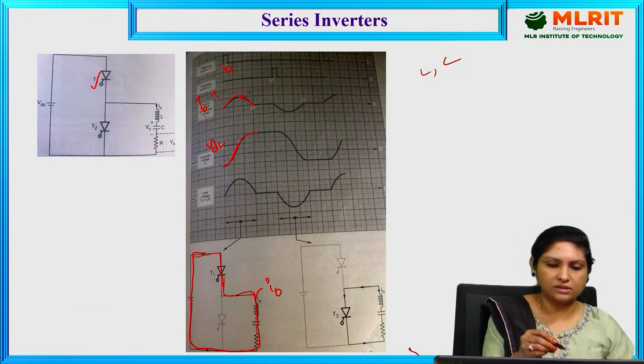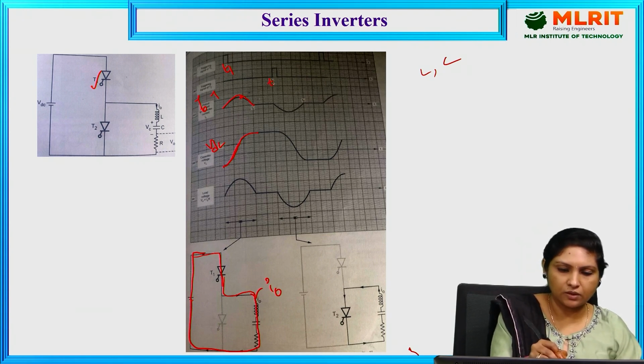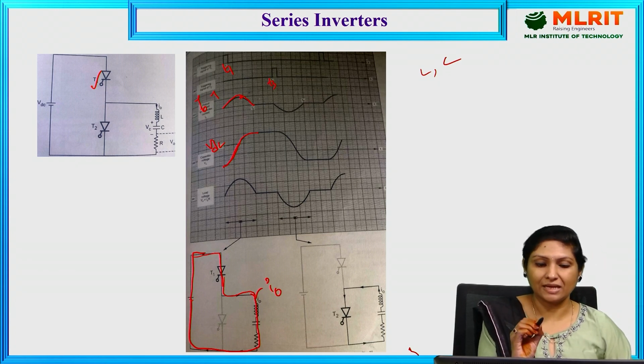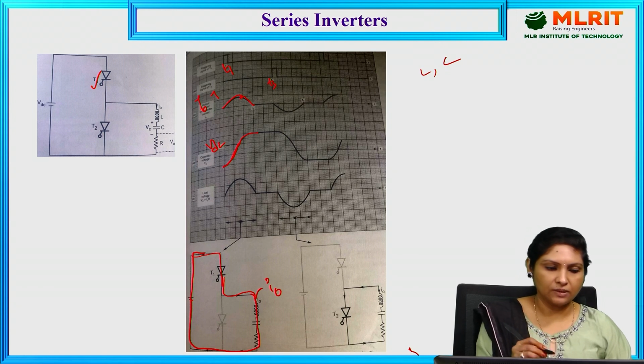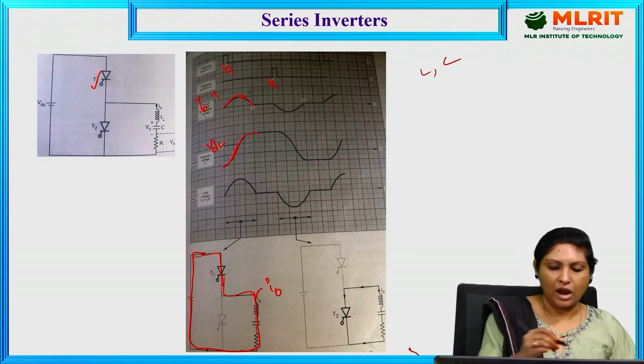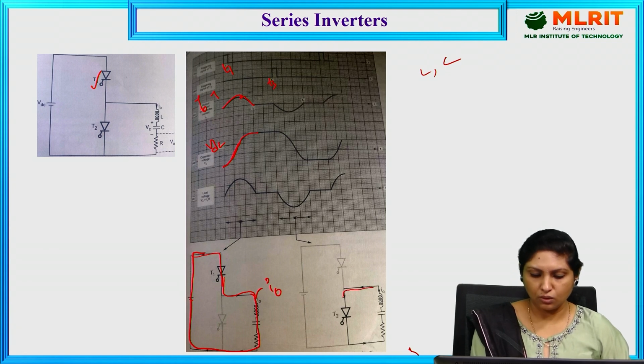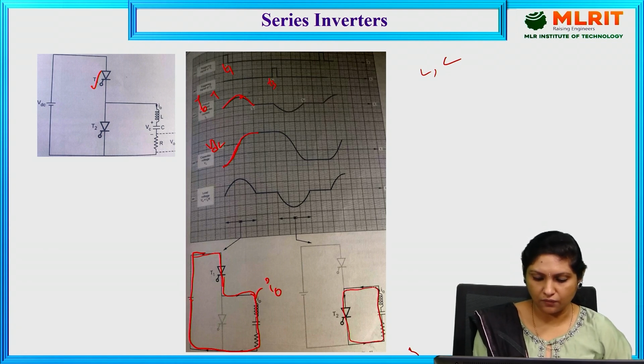Now at this instant called T3, we are providing the triggering pulse for the thyristor 2. And if you see, this is the thyristor 2, and because of its connection, the current flow through the load will be in the reverse direction to that of the first case.